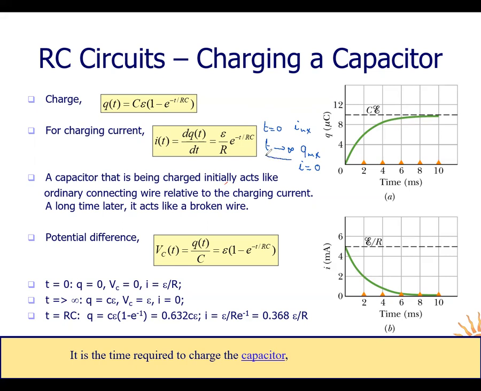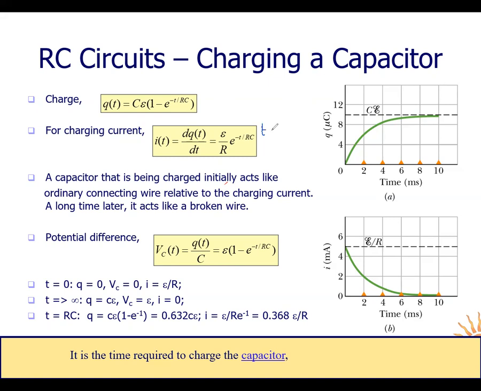At time equals infinity, we have a maximum charge at the capacitor and a 0 current in the circuit. So at t equals 0, the answer will be E divided by R exponential 0, which equals E divided by R. So at time t equals 0, we have I equals E divided by R.